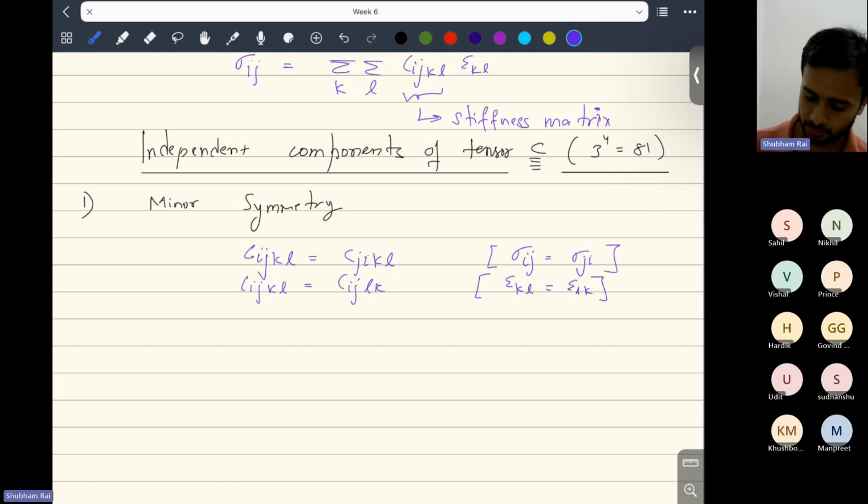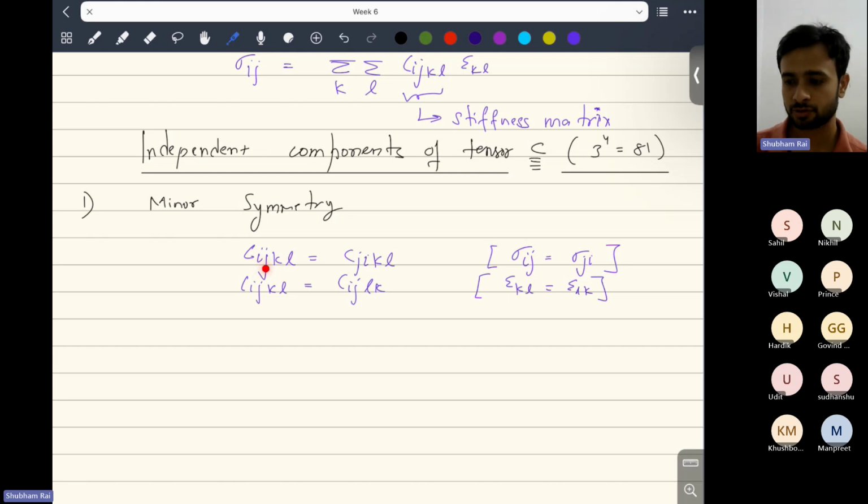Initially i was going from 1 to 3 and j was going from 1 to 3. So in total you have 9 components, because 3 multiplied by 3 is 9.